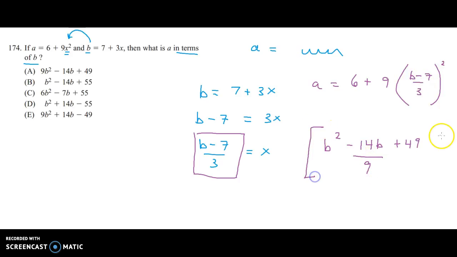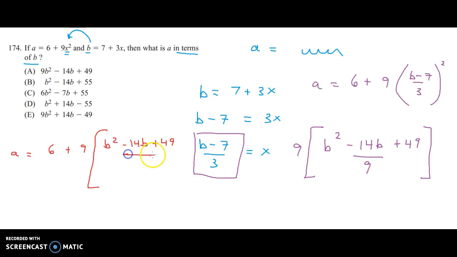But all of that was supposed to be multiplied by 9, right? So here, let me just clean this up a little bit. Here's what we have. We have A is equal to 6 plus 9 times all of this, B squared minus 14B plus 49 divided by 9. There we go.